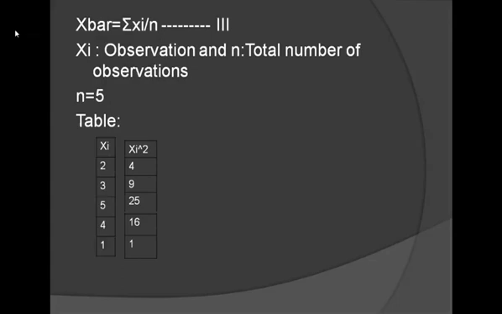X of i square is obtained by squaring all values of the previous column. So the first value 4 is obtained by taking the first value of the previous column, 2, squaring 2 we get 4, then by taking the square of 3 we get 9, taking the square of 5 we get 25 in the second column. Similarly, 16 is 4 square and 1 is 1 square.